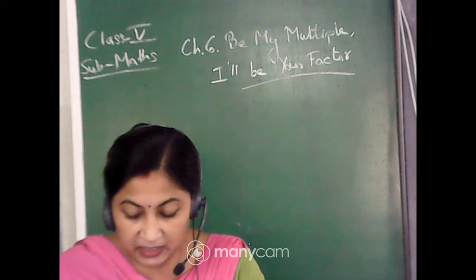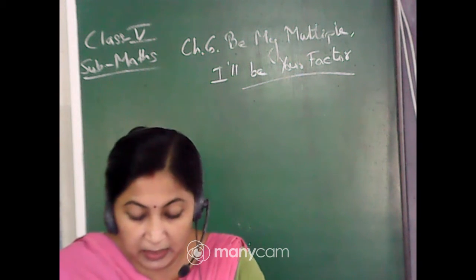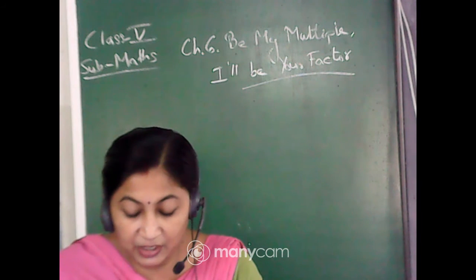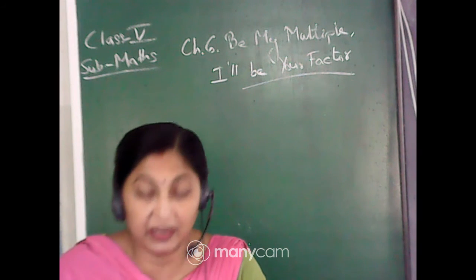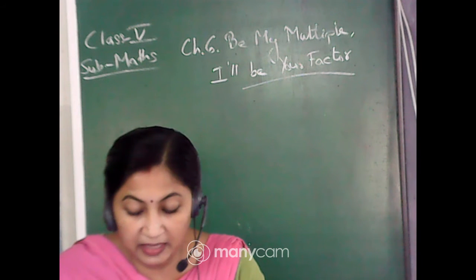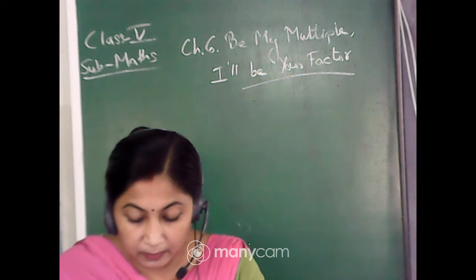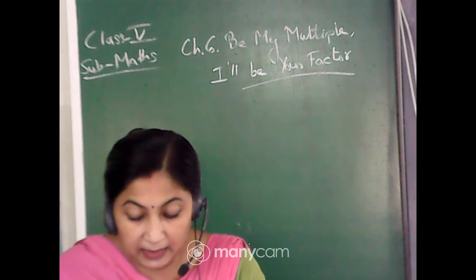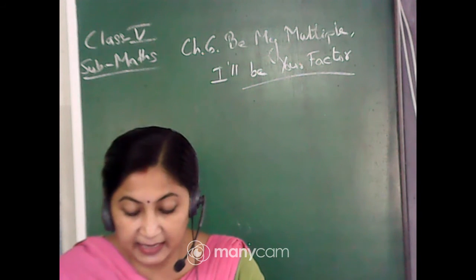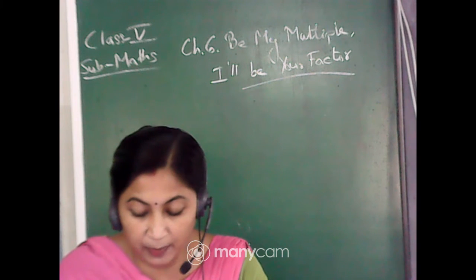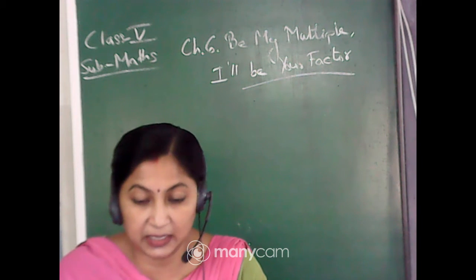As you know, the girl Amini has arranged 12 tamarind seeds in different forms of rectangles. It was asked how many different rectangles you can make with the help of these 12 tamarind seeds, isn't it?